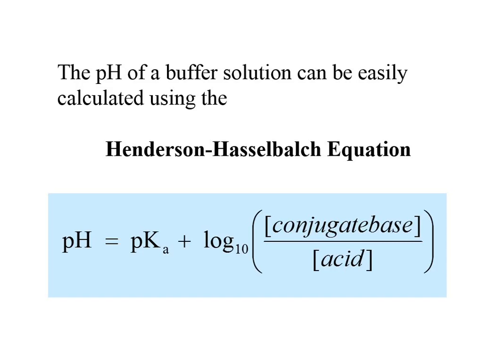Plus log base 10, and we put the base in the top. Usually I don't say conjugate base, I just put base because I know it's a conjugate acid-base pair. In the bottom, we put the molar concentration of the acid. That's it. That's the HH equation, Henderson-Hasselbalch equation. Of course, the brackets mean molar concentration of a buffered solution.